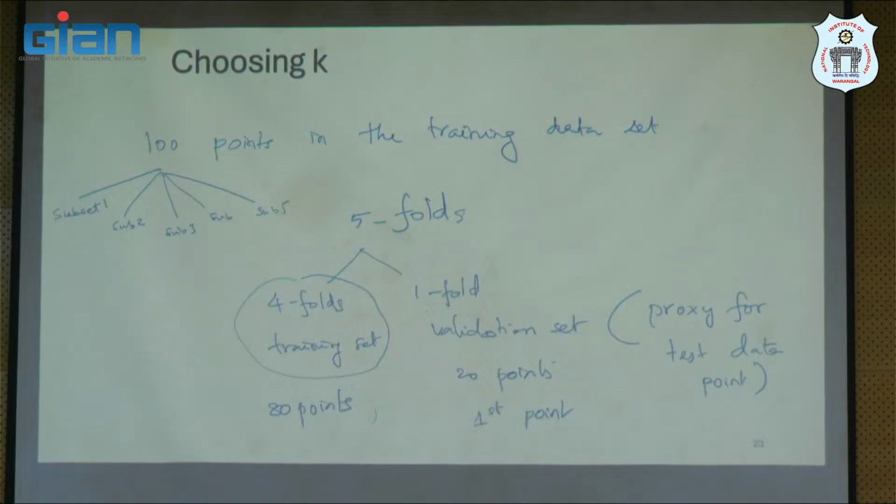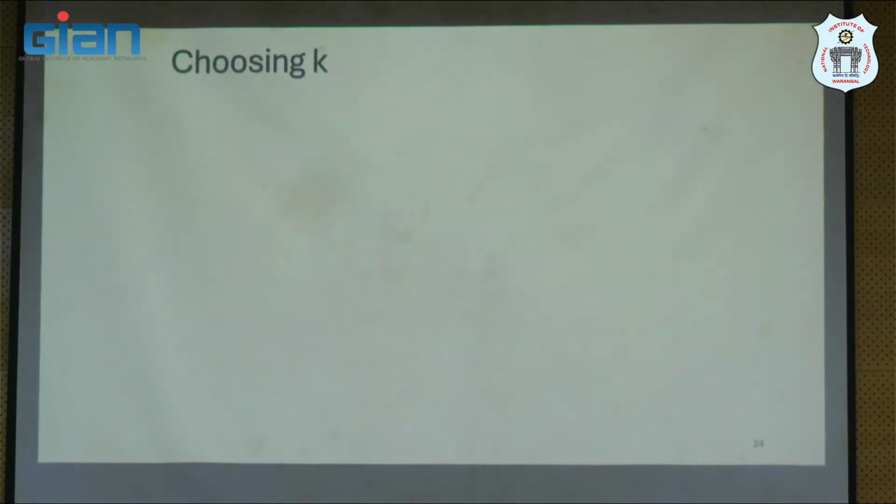So this is for the first point. Likewise, you will do it for all the 20 points. For each test point, you will change k from 1, 3, 5, 7, 9, 11 like that. And then you would have got a table, right? So essentially when k is equal to 1, you would have got some prediction. So what I am going to do is draw a plot of k versus accuracy of prediction.